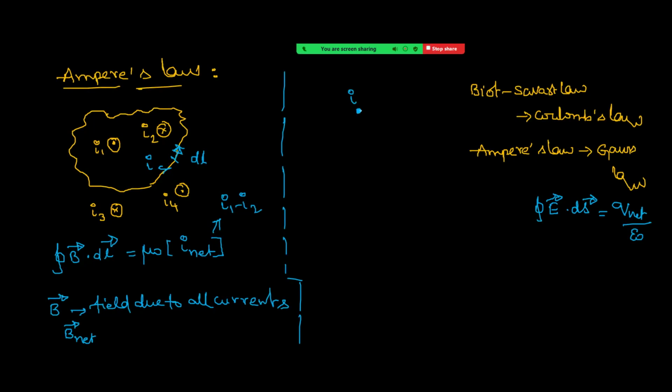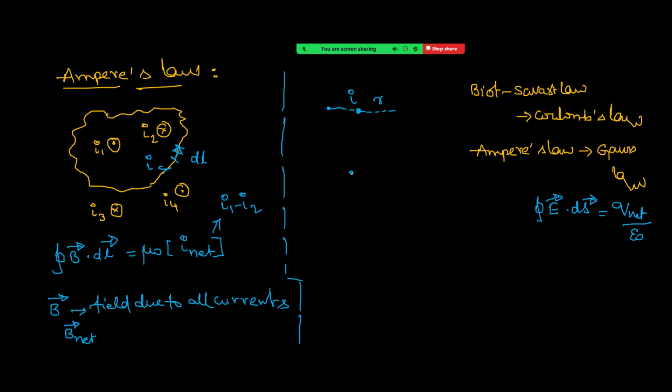We want to calculate at some distance r, what is the strength of the magnetic field? The direction of current is normal to the plane of this board and towards us. One thing we can guess here: at each and every point at the same distance r, the strength of B bar will be the same.